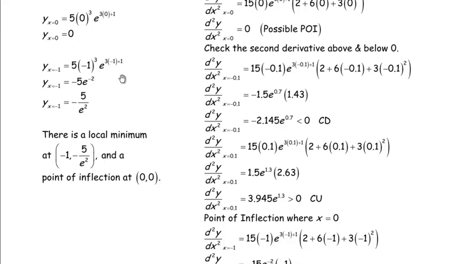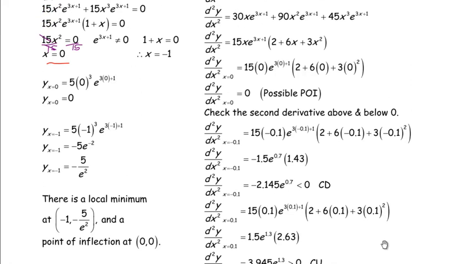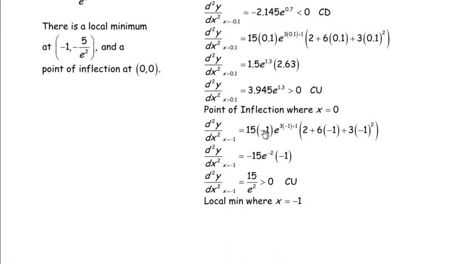Now we'll do the negative 1. Remember, the other place was negative 1 here. So if we put negative 1 in place of x in our second derivative, I could use the factor form. I didn't bother here, but I could have just used the factor form too. 15 times negative 1 is negative 15.